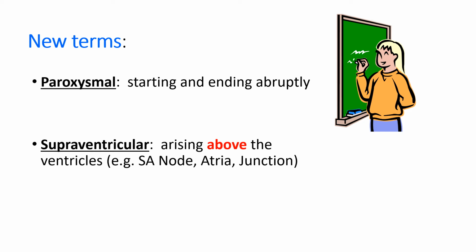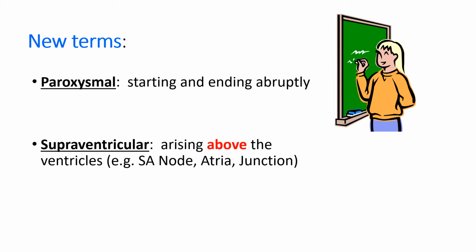So you will hear us probably refer to the PATs or the PSVTs as supraventricular tachycardia or SVT, where SVT is kind of like an umbrella term. So any rhythm that arises above the ventricles, because supra means above, so it would come from the SA node, the atria, or the junction, or somewhere within the atria.